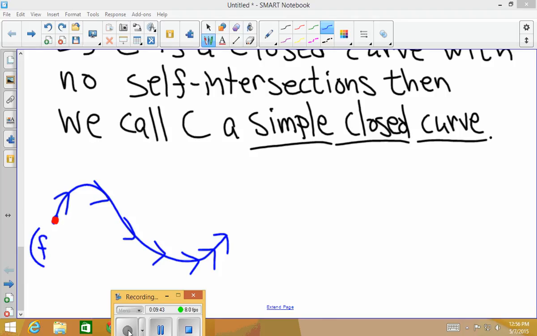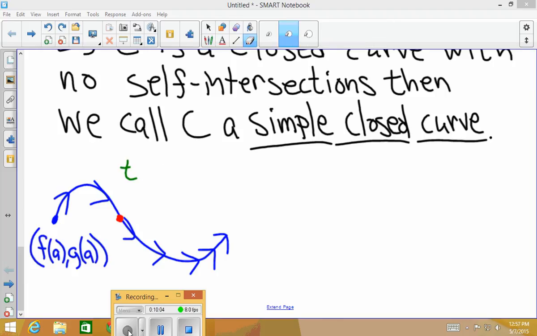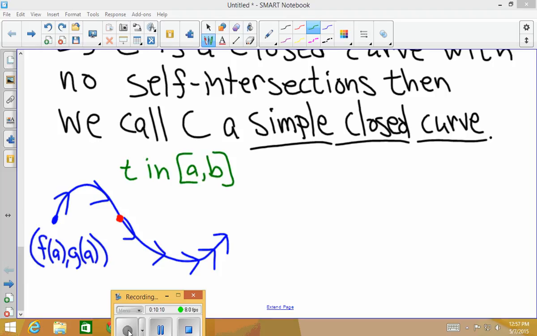So this would be f of A, g of A. And the point could travel along the curve in the direction of the arrows, and that would be exactly as the parameter t in the interval from a to b ranges from a to b.